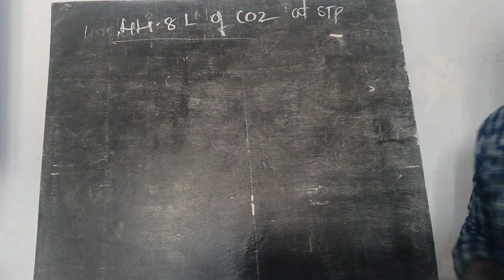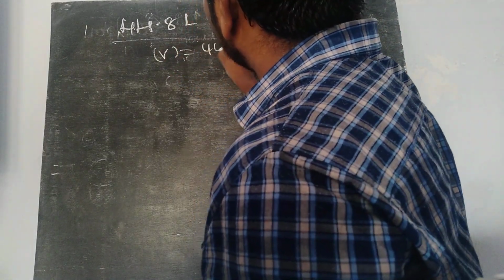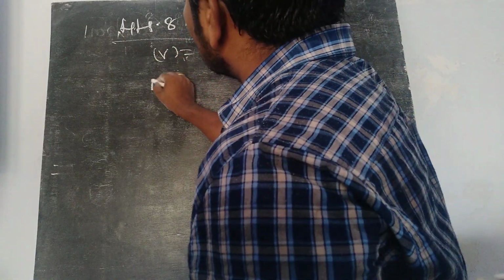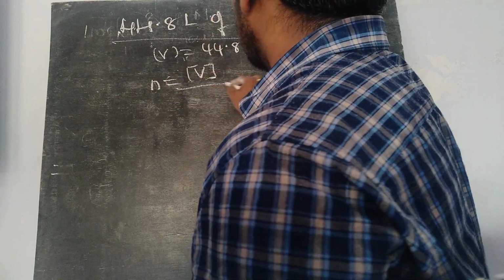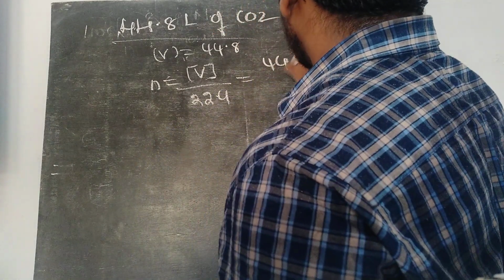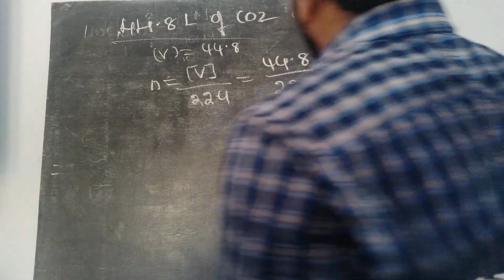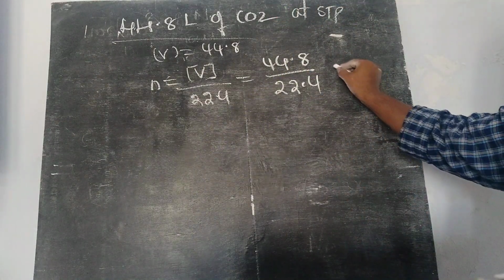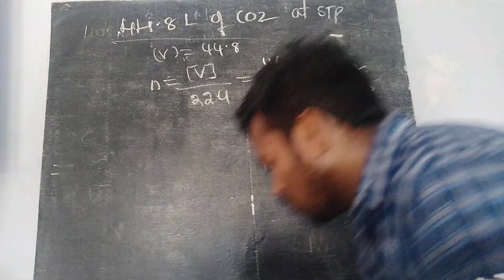The volume occupied at STP is 44.8. The formula is volume occupied at STP divided by 22.4. So 44.8 divided by 22.4 gives 2 moles. So this is the formula.